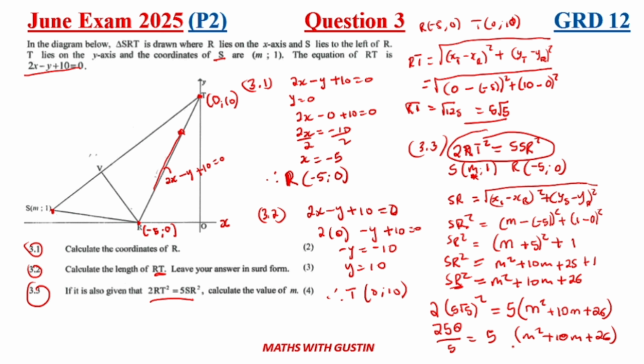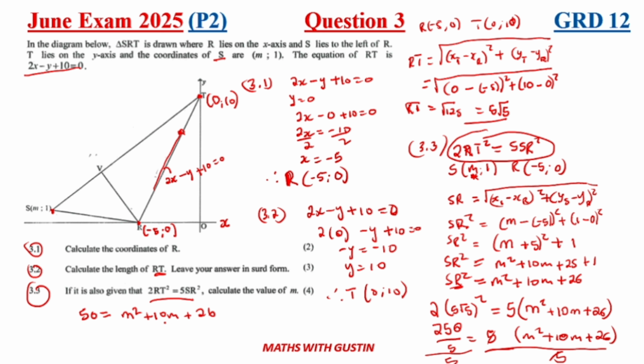To simplify, I'm just going to divide everything by 5, on this side as well. So this and this would cancel out, and 250 divided by 5, when I punch this in my calculator, gives me 50. And this side I'm just going to have M squared plus 10M plus 26.